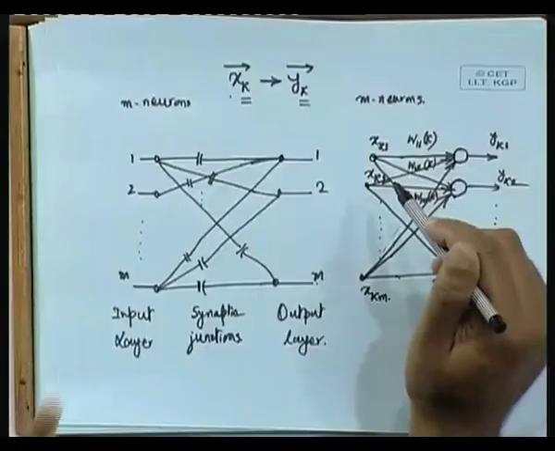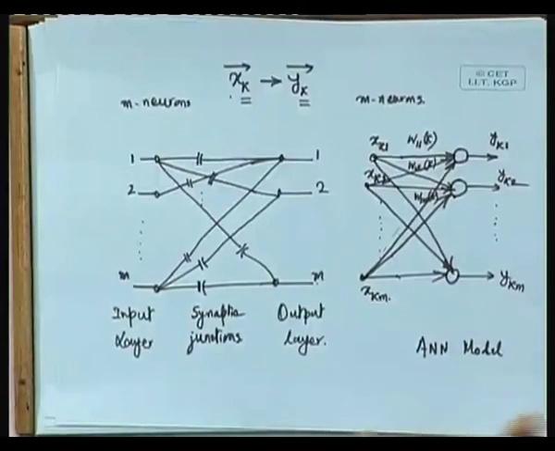I am writing k just to indicate that for the association of Xk with Yk, these will be the synaptic weights, W11(k), W12(k), like that up to W1m(k), again W21(k), W22(k), up to W2m(k), finally up to Wm1(k), Wm2(k), up to Wmm(k). Alright.